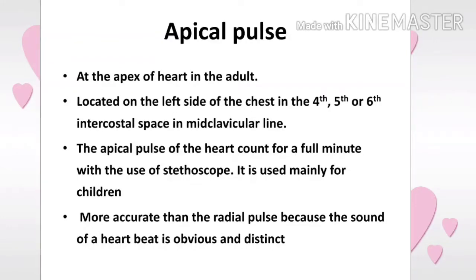The apical pulse of the heart is counted for a full minute with the use of a stethoscope, and it is also used mainly for children. It is more accurate than radial pulse because the sound of a heartbeat is obvious and distinct, and at certain times the heart contraction may not be strong enough to be felt at a peripheral site.